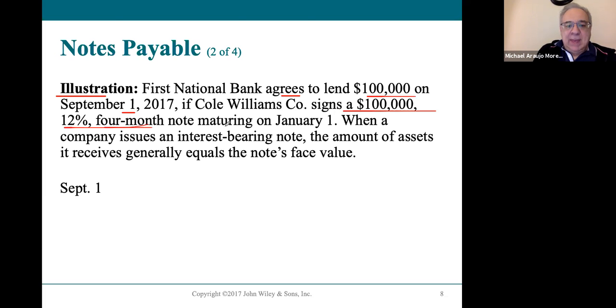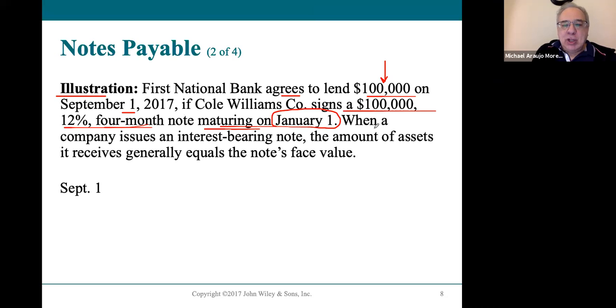And that note being 4 months means it's going to mature on January 1st. So you know how notes work. Everything gets paid back on the due date, the maturity date. So on January 1st, they will pay back the $100,000 that they borrowed plus the interest for that 4-month period.